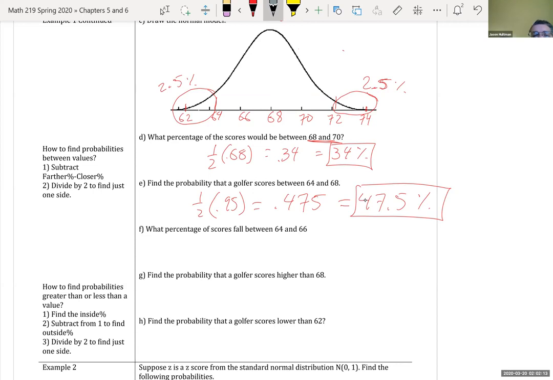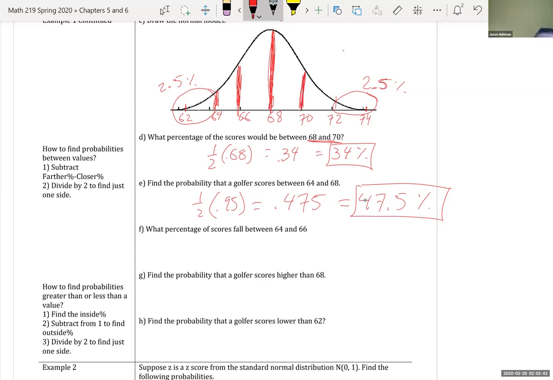Okay, so we want to know 64 to 66, right? Well, we knew that 64 to 68 was 47.5%, right? We also knew that 68 to 70 was 34%.